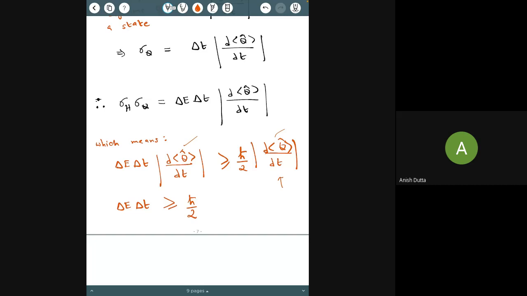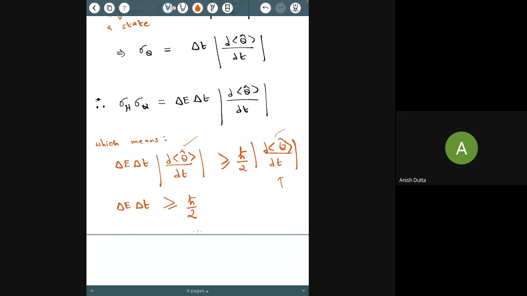We are avoiding the role of Q because ultimately we're ending up with a relation with the uncertainty in energy. So what we're saying, more or less, is that whatever property we use to track our state, ultimately it is the energy evolution of the state which decides the lifetime of the state.